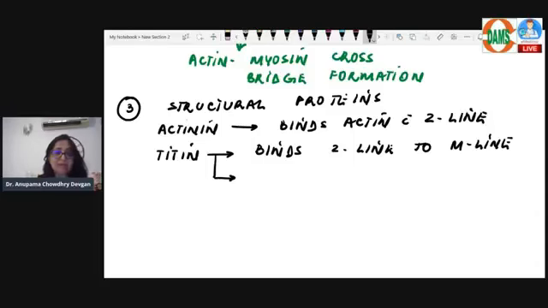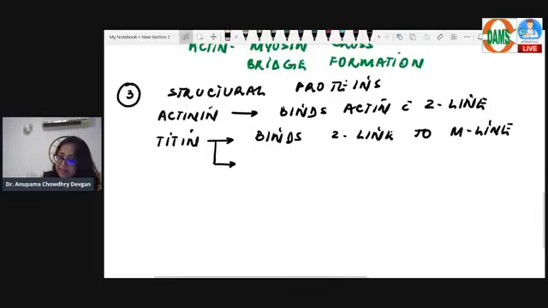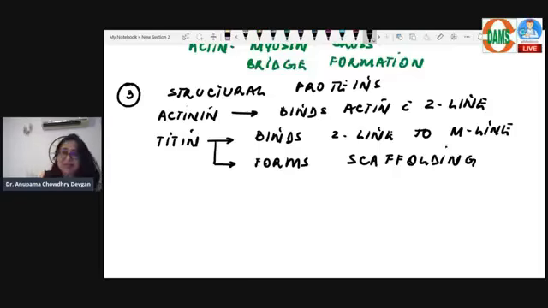Some important points about titin. Titin forms a scaffolding. When I say scaffolding, what does that mean? Basically, it is providing structural support to the sarcomere.